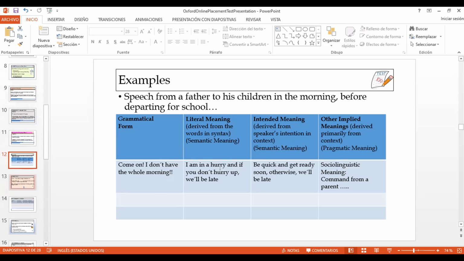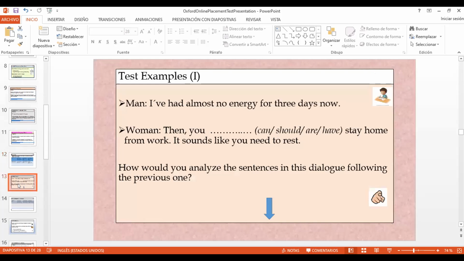Do you have any doubts about this? And you do this every time you read, every time you listen to something, to some messages, you already think of this. What is this sentence telling me? Is it literal? Is it intended? There is an intended meaning or something like that.